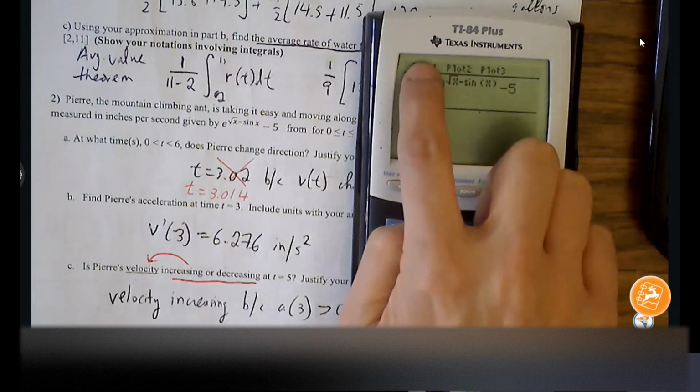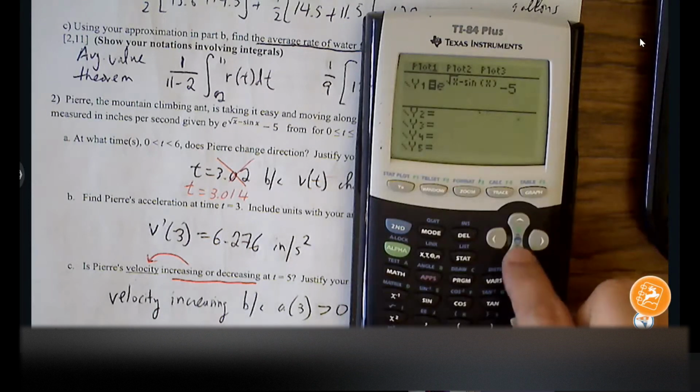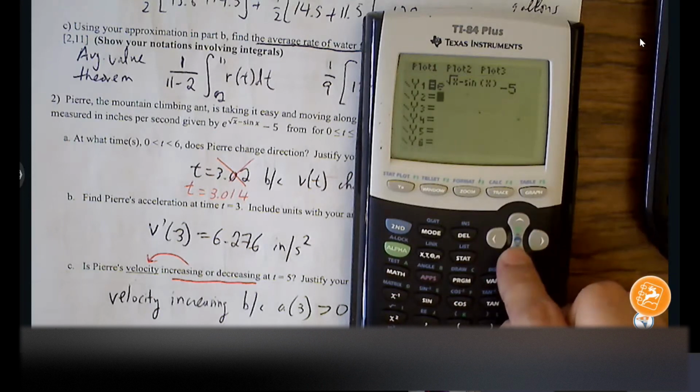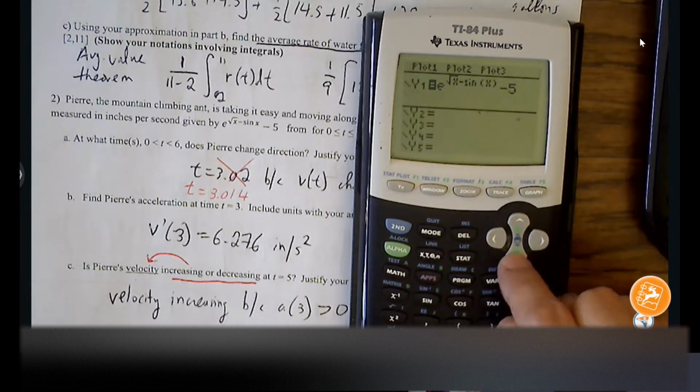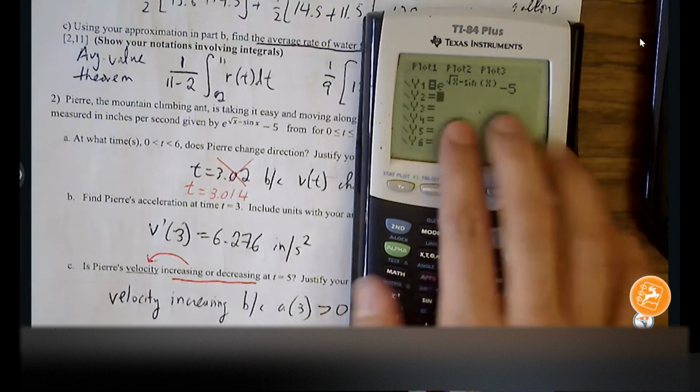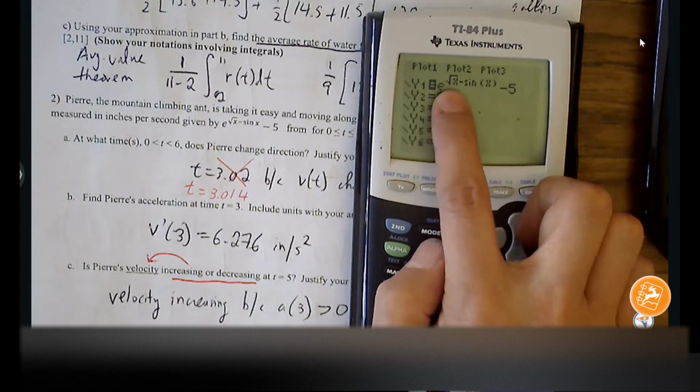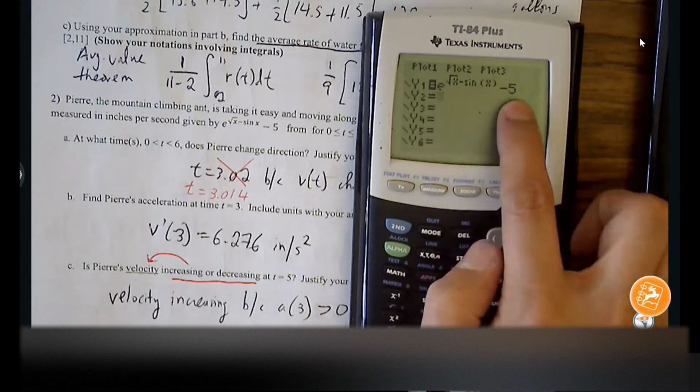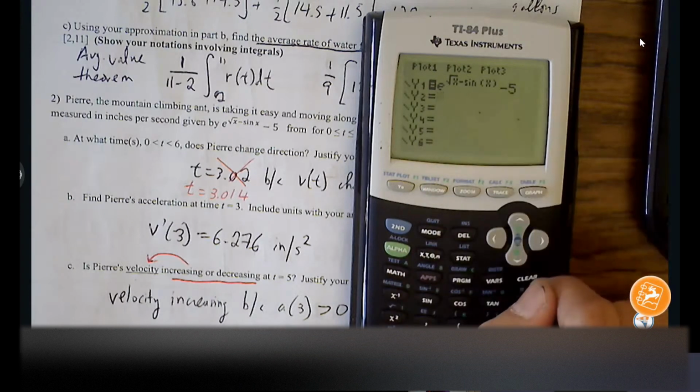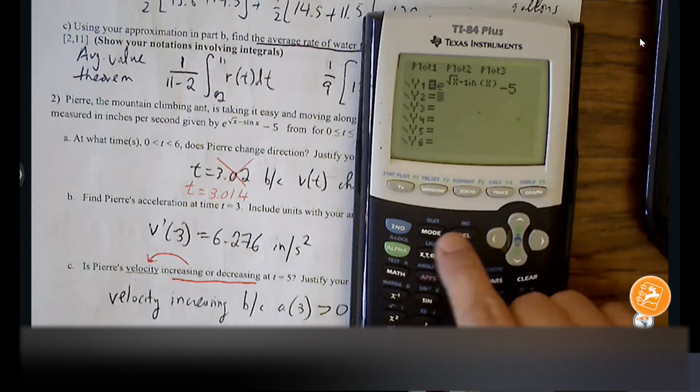Okay, y equals. So are any of your plots highlighted? Let me check. No, I don't think so. Okay. And you plugged it in exactly as you see it, e to the square root of x minus sine x minus 5? Yeah, I did. Wait, oh, I think I put the minus 5 in the wrong place.